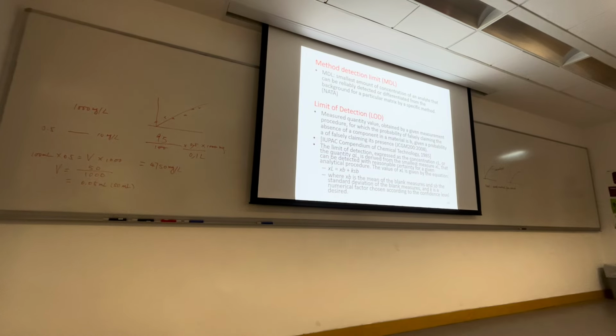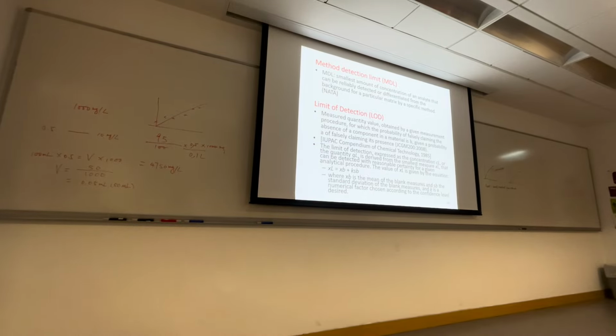The background will be much higher than that of the IDL, okay? Because for the IDL, we say that the signal from the analyte, the only interference is your calibration solvent.